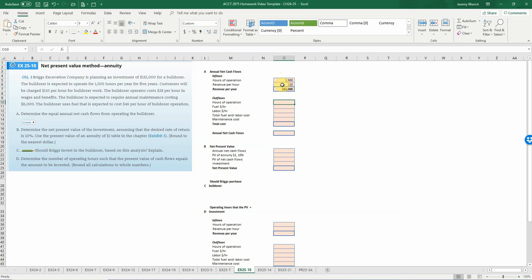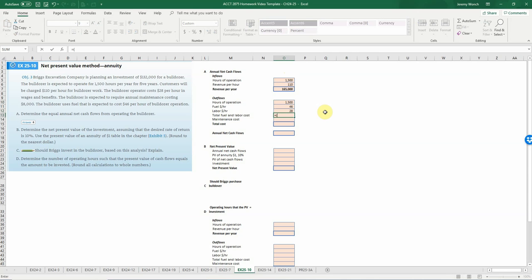Then for our outflows, so we have 1,500 hours of operation. The fuel expense is $46 an hour. The labor expense is $28 an hour.